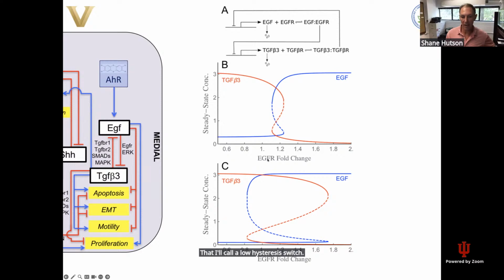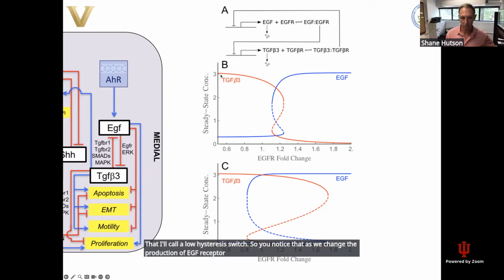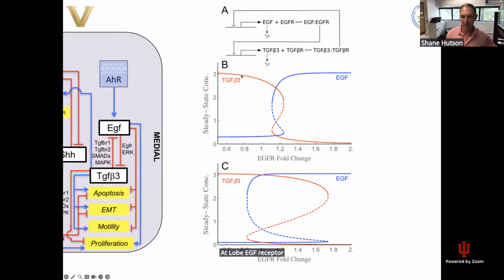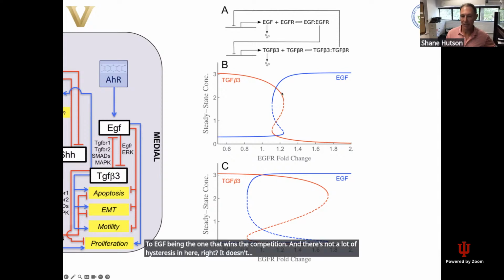So you notice that as we change the production of EGF receptor, at low EGF receptor, TGF-beta is the one that wins the switch competition. And at about 1.2-fold EGFR, it switches pretty quickly to EGF being the one that wins the competition. And there's not a lot of hysteresis in here, right? It doesn't extend the TGF-beta line for too far before it switches over.